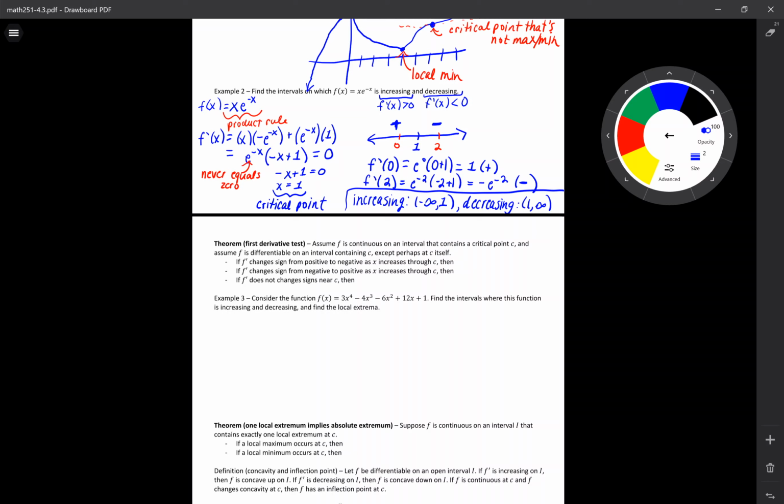If f prime changes sign from positive to negative as x goes through c, then c is a local max. If f prime changes sign from negative to positive as x increases through c, then c is a local min. And if f prime does not change signs near c, then c isn't a local max or min.